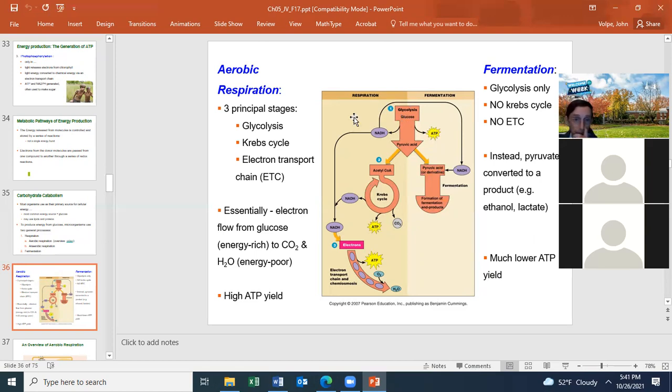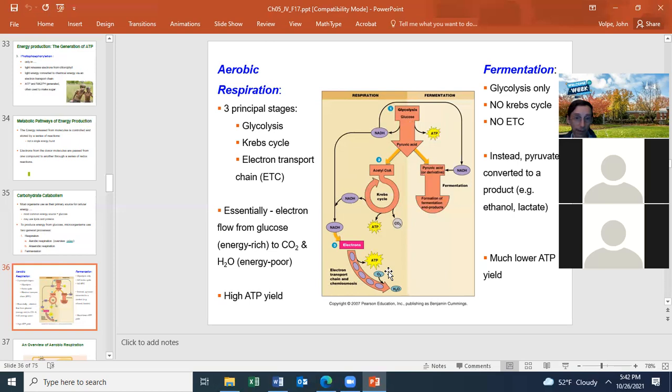Aerobic respiration has 3 steps. It too starts with glycolysis, and that makes the pyruvate, which then goes to the Krebs cycle. And then the Krebs cycle burns the glucose and sends the electrons via an electron carrier like NADH to the electron transport chain, or ETC. And then the electrons flow from essentially glucose to oxygen.